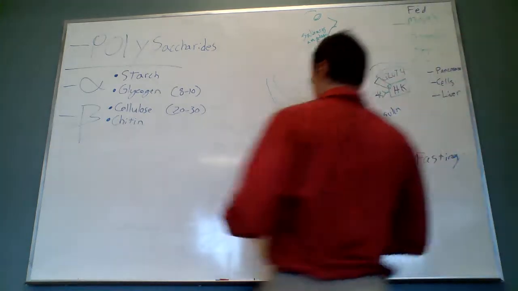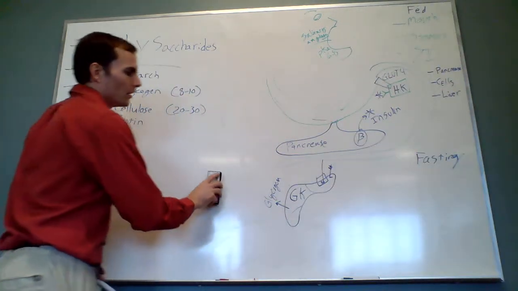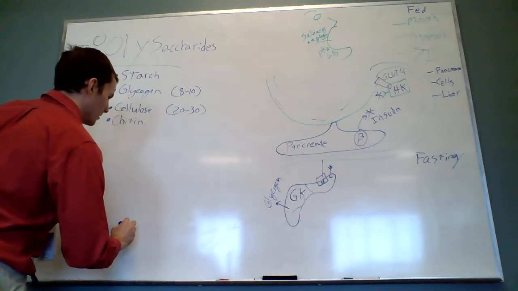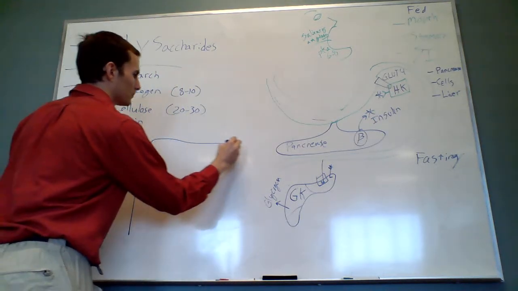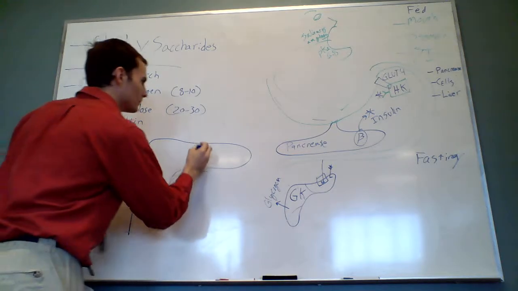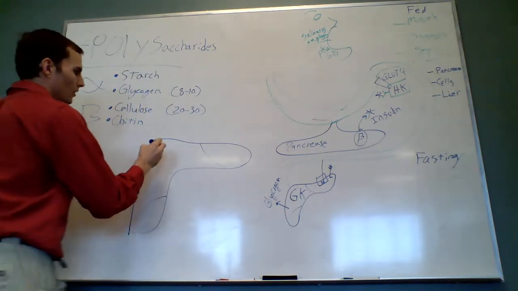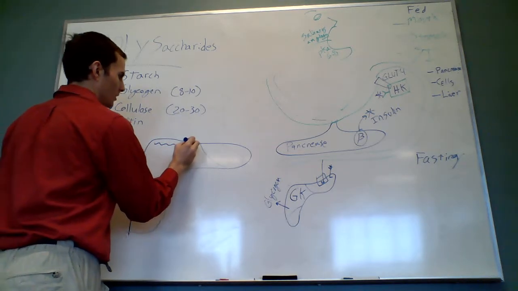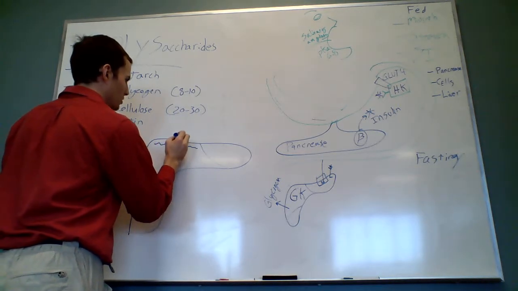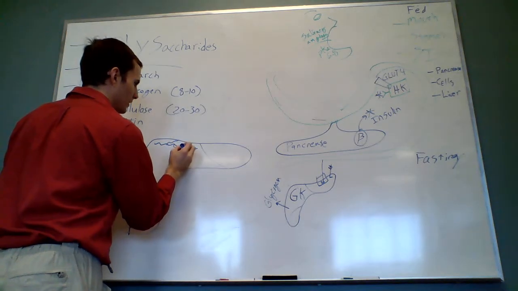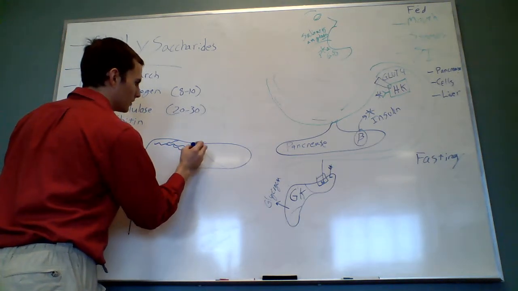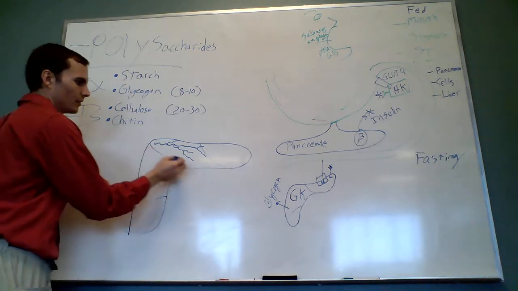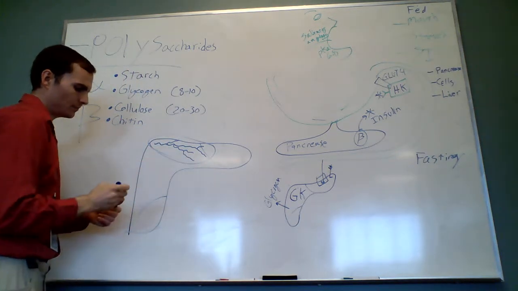Okay, so let's expand our liver here. Let's say that this is glycogen, because glycogen has a chain thing going on every 8 to 10, so all of that right there, that's glycogen.